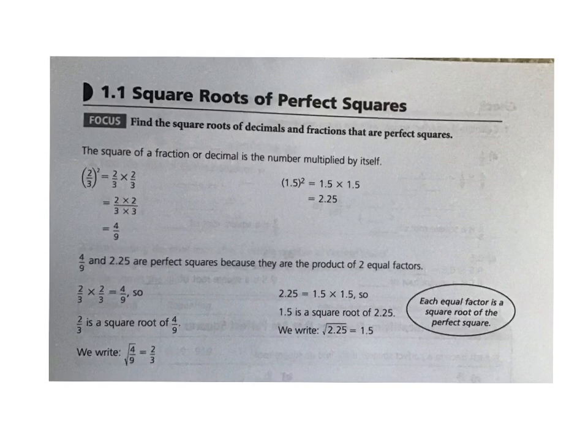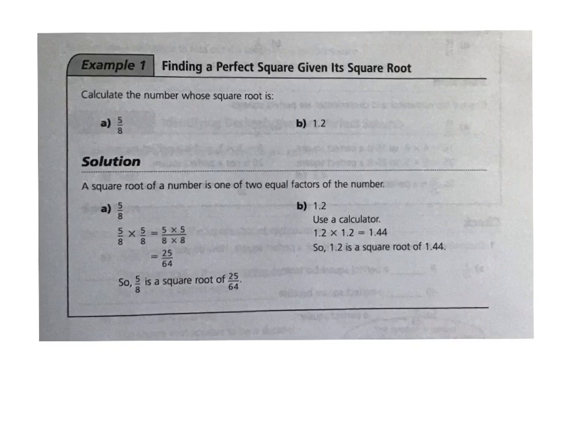So looking here at example number 1, the first question is calculate the number whose square root is given. What this question is saying is the square root's already been found, so this is the answer to the square root problem. What was the square root to begin with? What was underneath that square root?